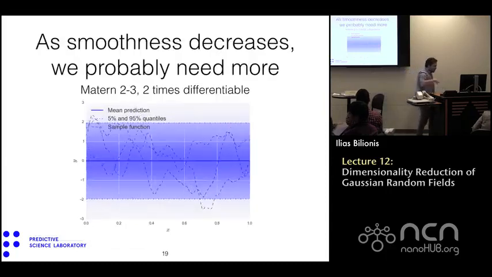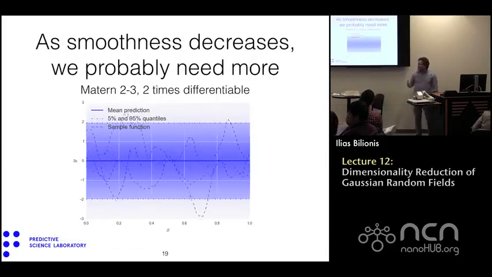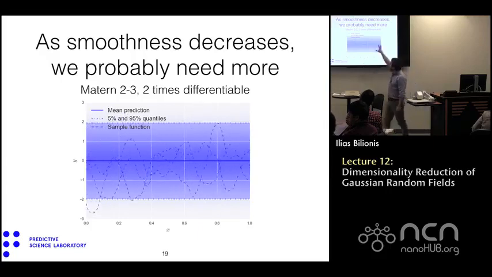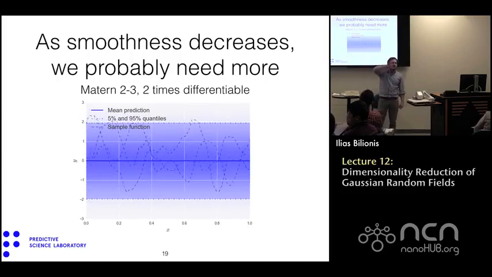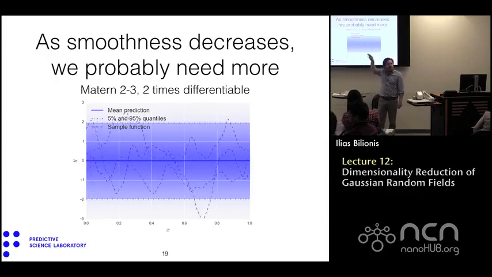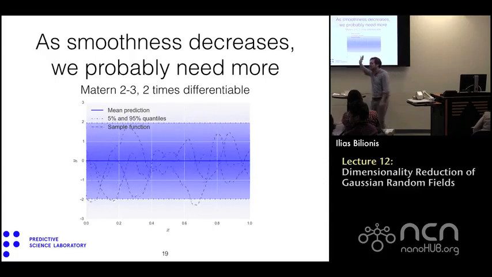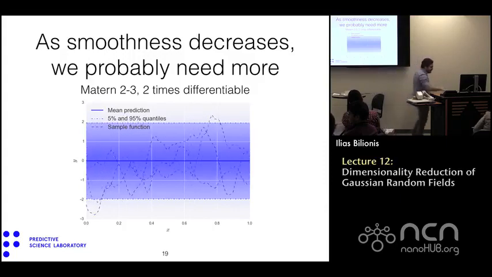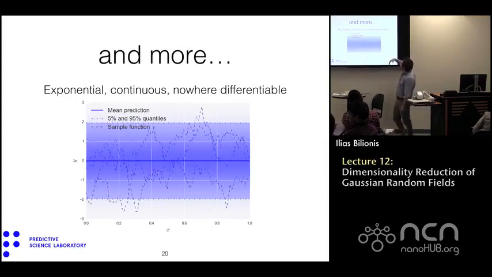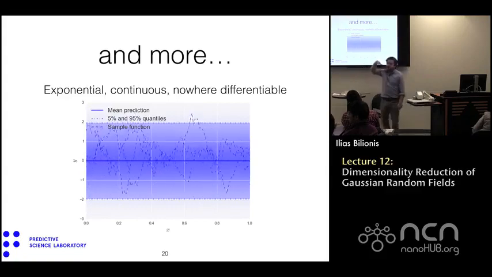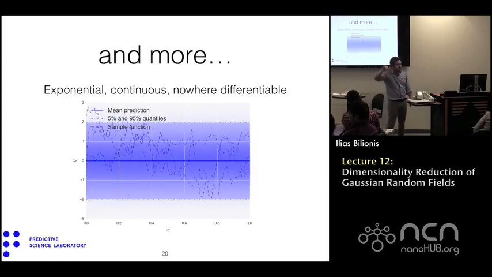As you go to more complicated covariance functions, this one, the Matern one, is 2 times differentiable. Therefore, the samples you get are 2 times differentiable. And perhaps, for the physical application that you're looking at, this fits what you know about that field better than the smooth field. And this is the exponential covariance function, which is continuous but nowhere differentiable.